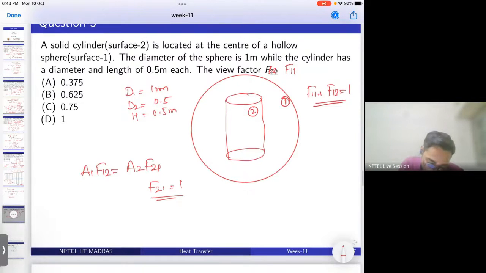Complete radiation will fall. So we can find F12 from A2 by A1 into 1.